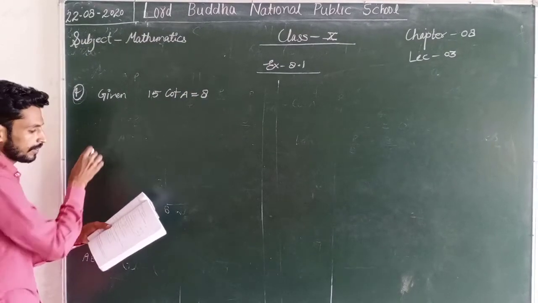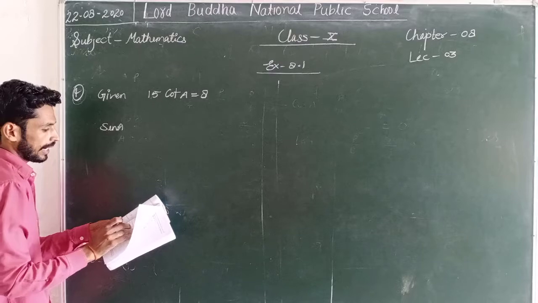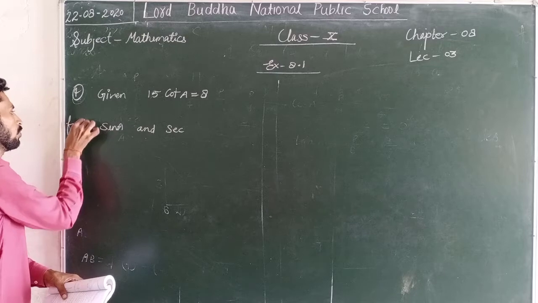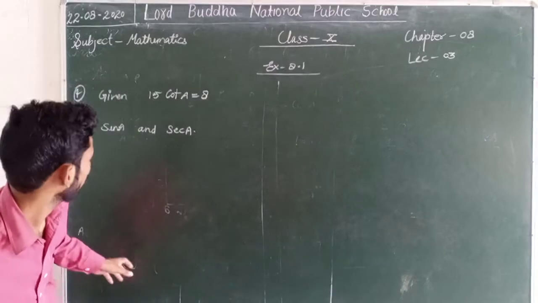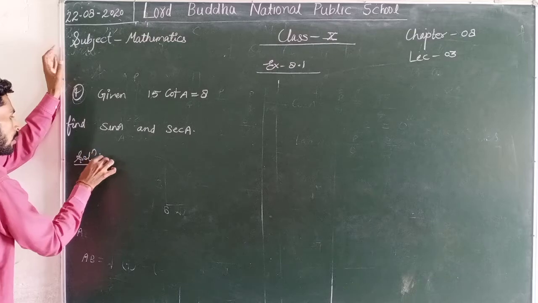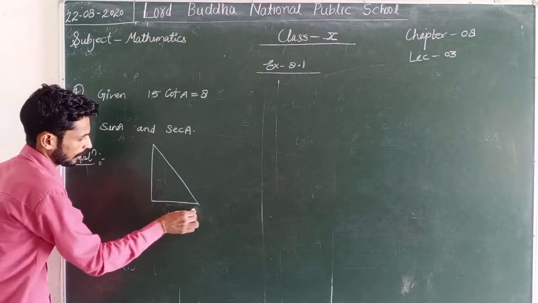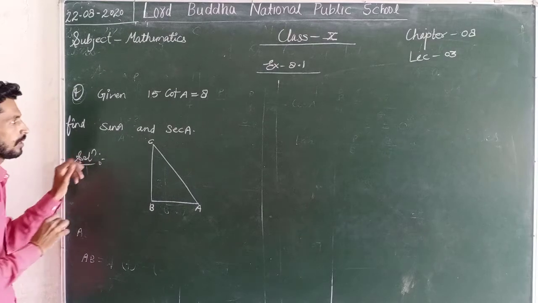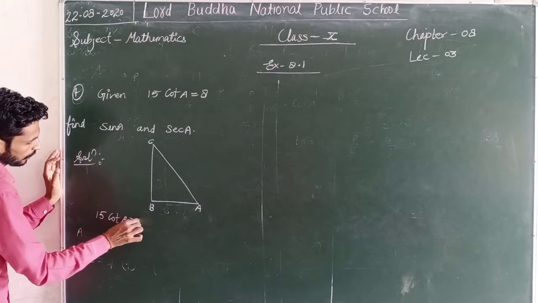And we have to find the value of sin A and sec A. Find the value of sin A and sec A. Then for the solution of this question, first we have to draw the figure of this triangle ABC. It is given that 15 cot A equals 8.